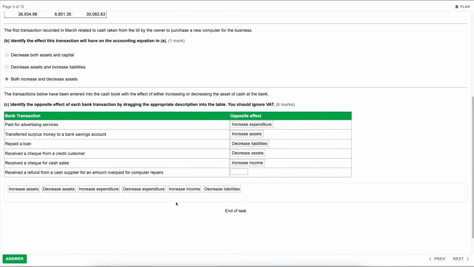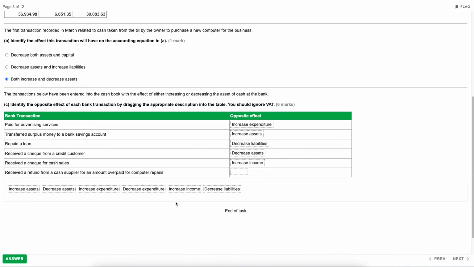Therefore, the debit within our computer repairs to show the expenditure would be too high. So by refunding that difference, we would debit our bank account to show the money coming back in for the amount that was overpaid.